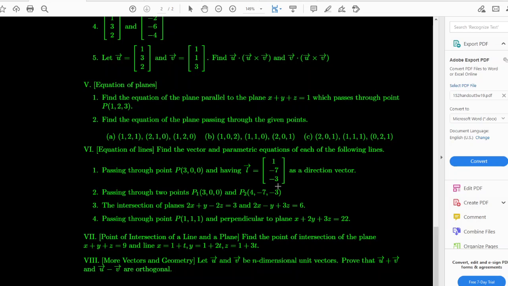So for question 3, as long as we can get 2 points on the line, again, the intersection of two planes is a straight line in the space, then we can use the method in question 2 to get the equation, either the vector equation or the parametric form.